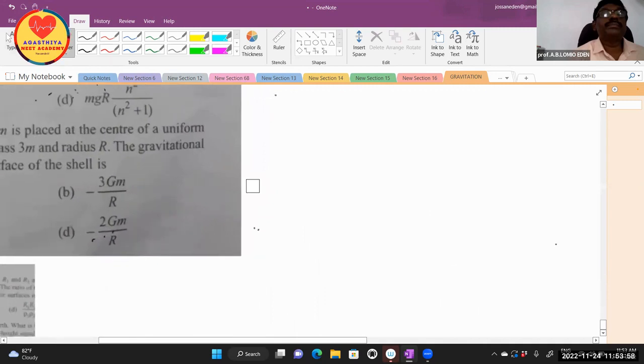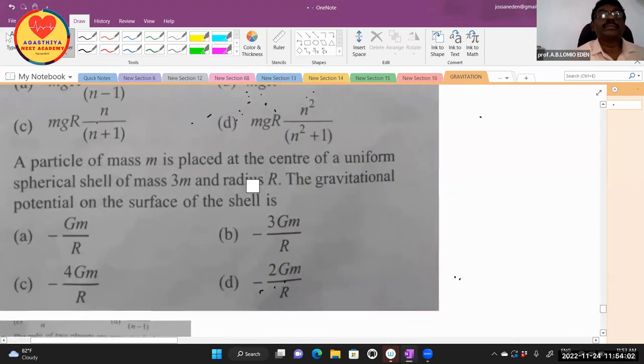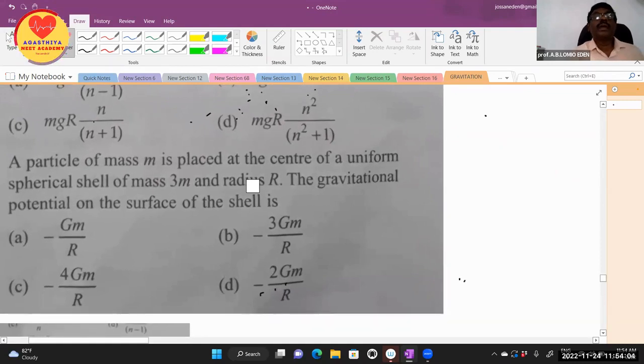See the next problem. A particle of mass m is placed at the center of uniform spherical shell of mass 3m and radius r. The gravitational potential on the surface of the shell is?